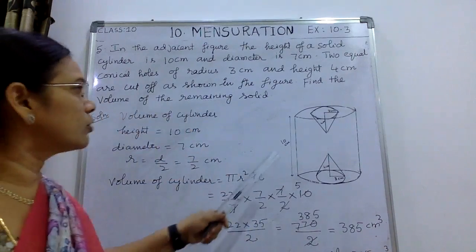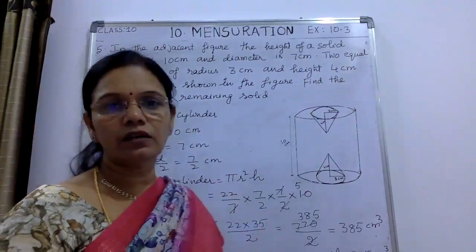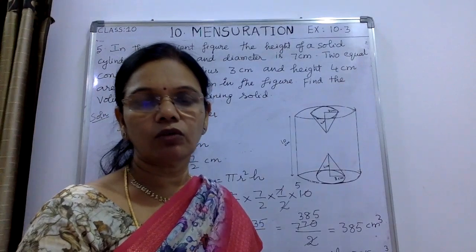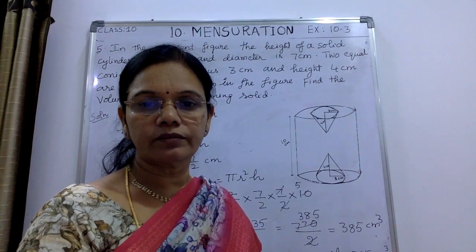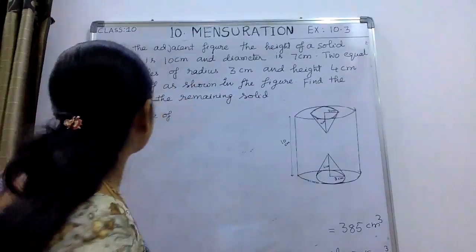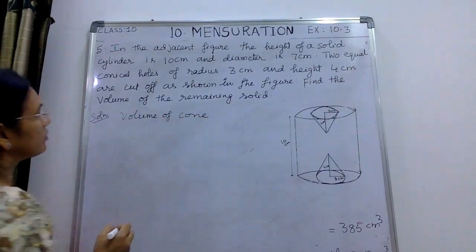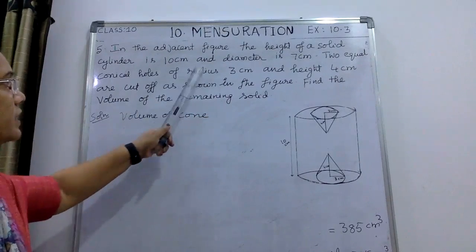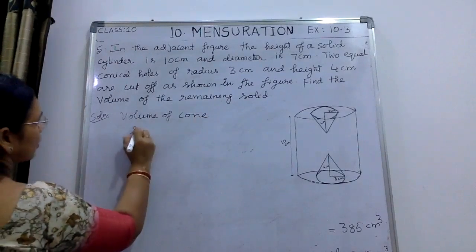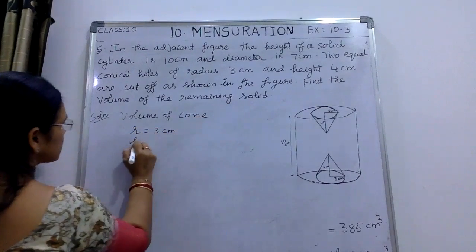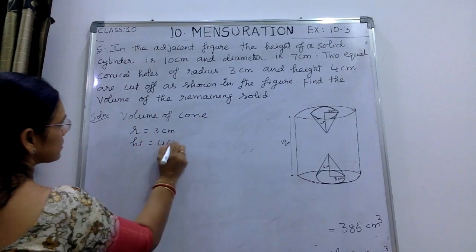And next we are going to find out the volume of the single cone, and by using that we need to find out the volume of the two cones. Okay, let us find out the volume of the cone. The given measurements are radius 3 centimeters, r is equal to 3 centimeters, and height is equal to 4 centimeters.